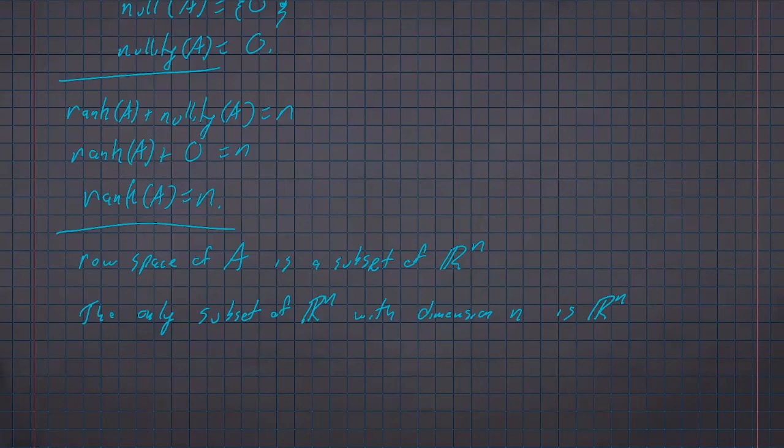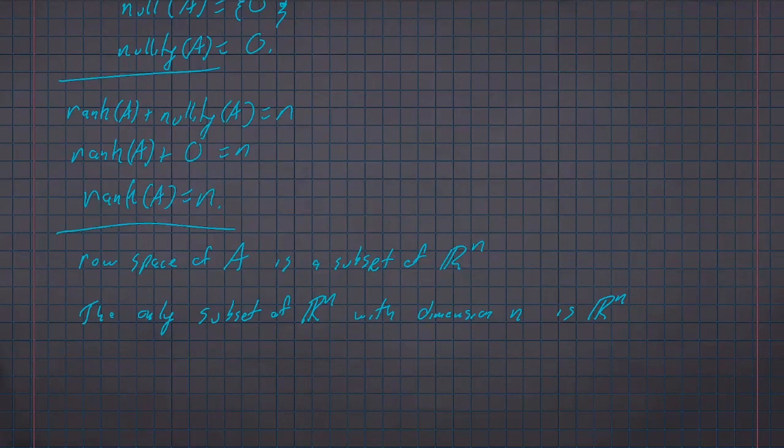And since there are n rows and they span Rn with dimension n, they must form a basis because a set of n vectors that spans Rn is a basis for Rn. And if it's a basis, that means it's linearly independent. And if it's linearly independent, then we have everything else.